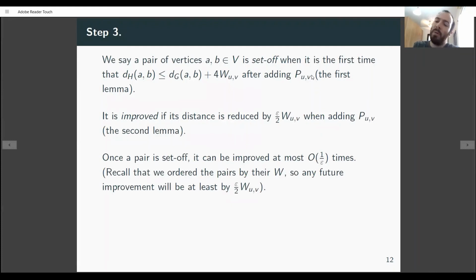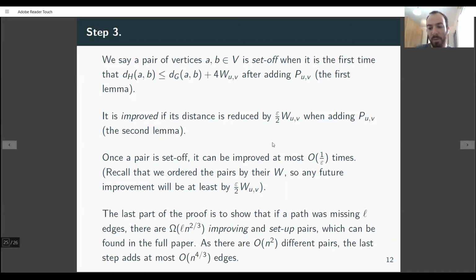And now the important observation is that once a pair is set off, it can be improved at most order of 1/epsilon times. As you remember, we sorted the pairs that we considered to add in the paths by W_UV. So any further improvement will be at least epsilon over 2 W_UV, if not more.